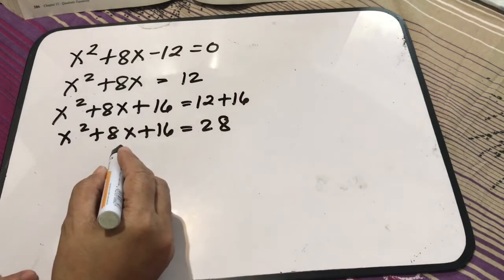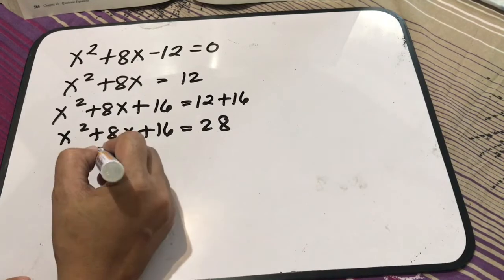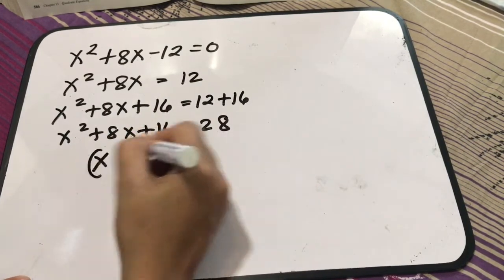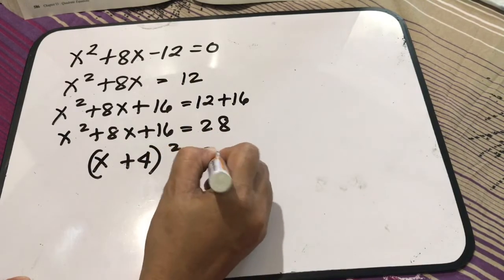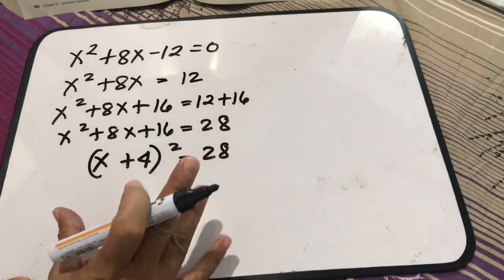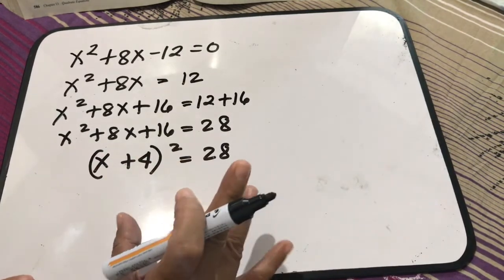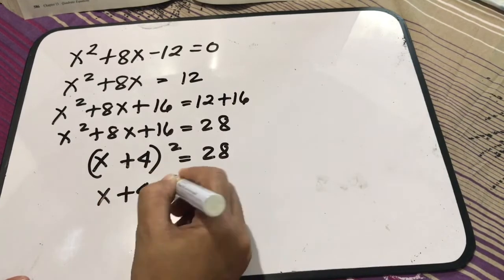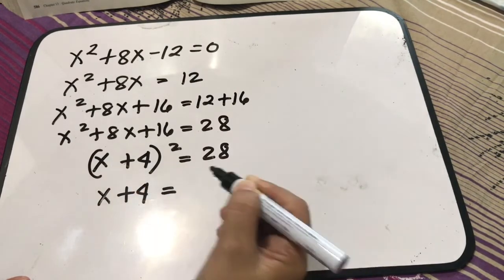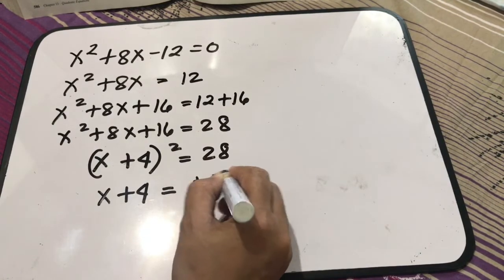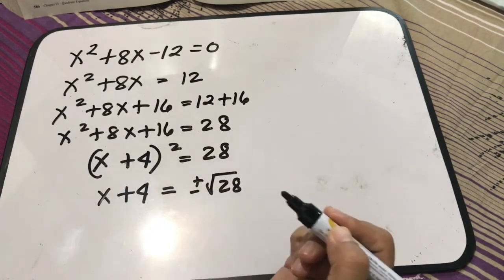Again, we express this as a square of a binomial. So this is x plus 4 the quantity squared is equal to 28. Again, using the process of extracting the square root, x plus 4 is equal to positive and negative square root of 28.